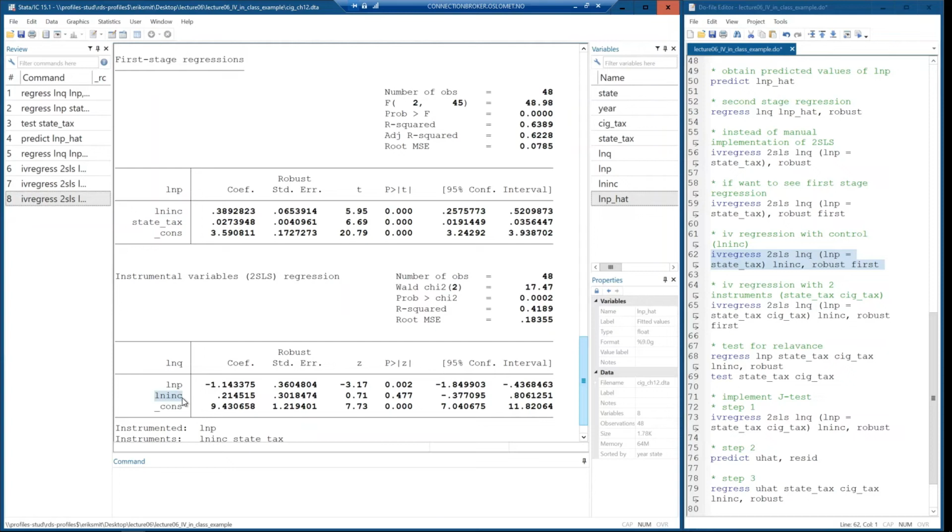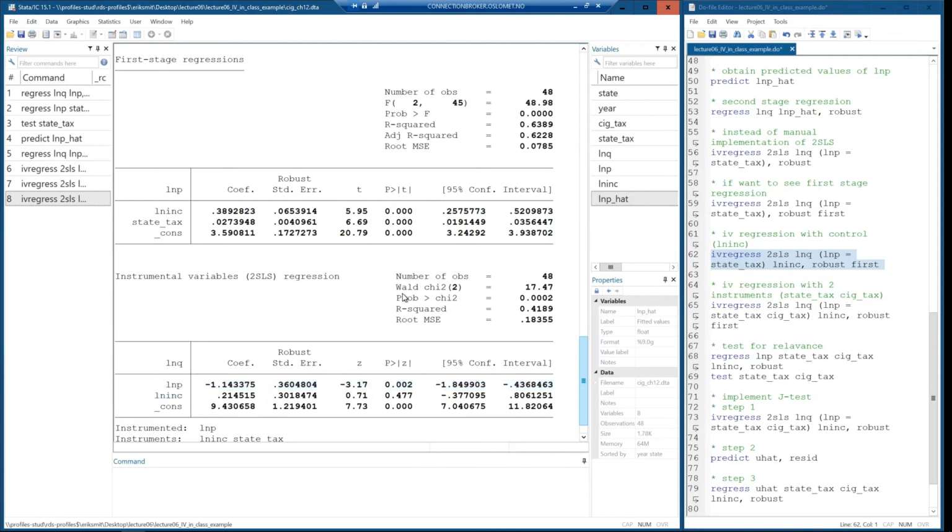So that's quite important. But in the second stage regression, you do not have the instrumental variable. So in the first stage regression, you have the instrumental variables and the exogenous variables and the control variables. In the second stage, you have the endogenous variables and the control variables and the exogenous variables, but not the instrument.